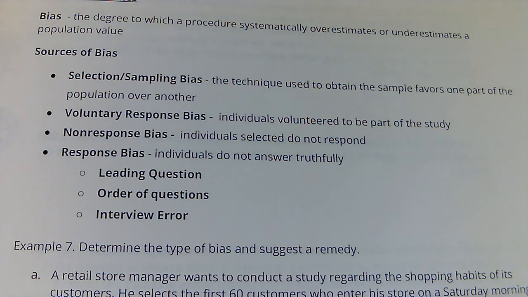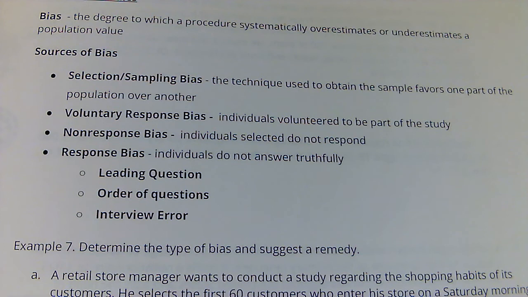Now, sometimes their response actually creates a bias because they don't answer truthfully. And some of the reasons that can happen is the question could be leading. We'll look at some of those examples here in a second. Leading questions. Sometimes the order of questions can affect their answers.